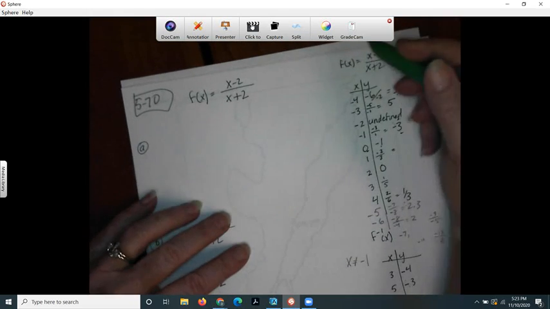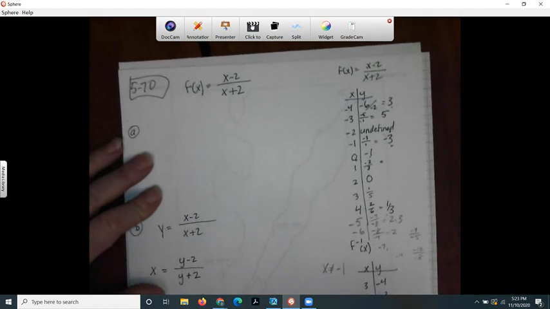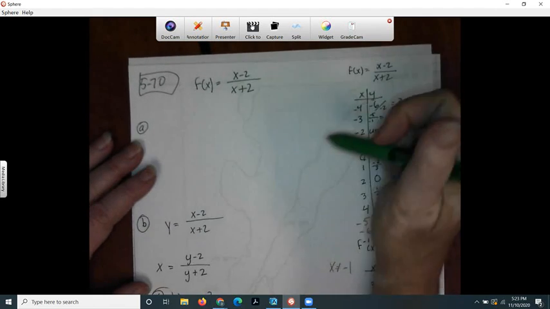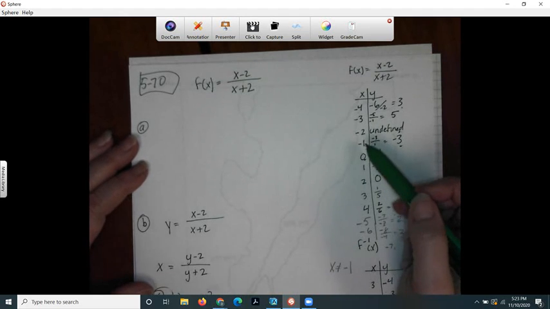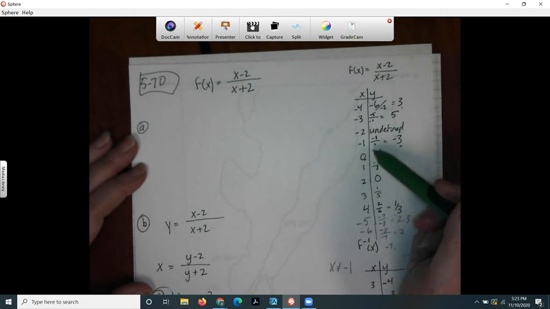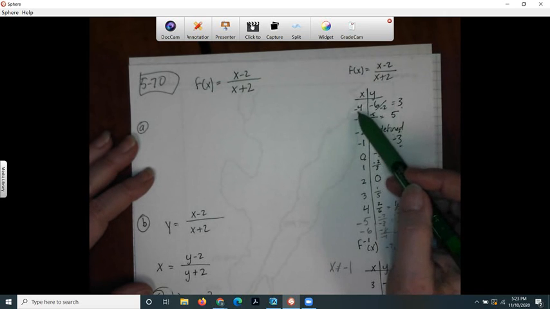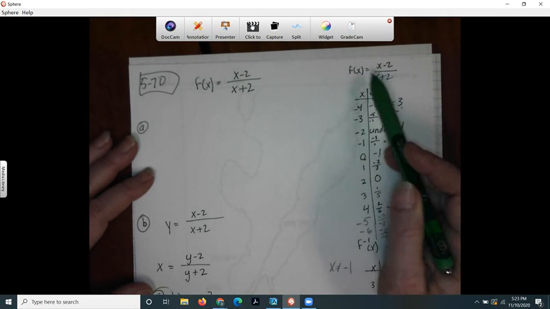I made a little T-table with the x and the y, and I just plugged in some negative numbers. Usually I just do -1, 0, and 1, but that didn't give me a nice picture of the graph, so I did a lot of negative numbers. I'm generating these numbers by plugging numbers in for x and then calculating y.